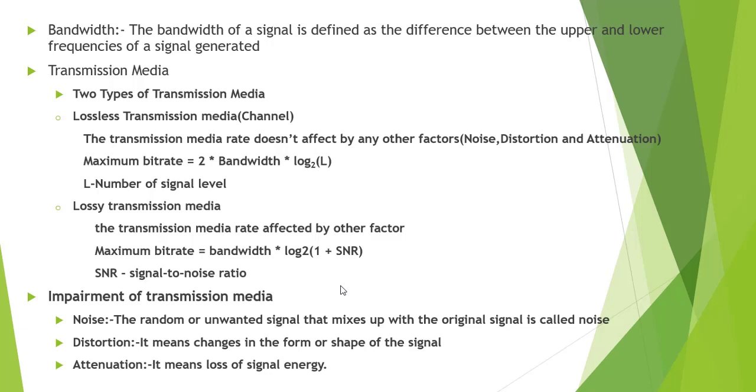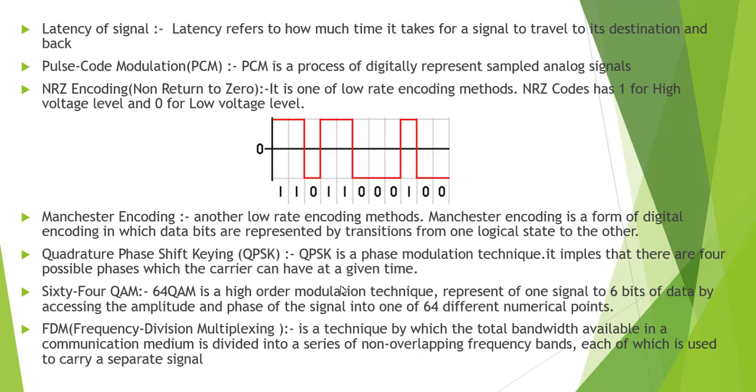The strength of the signal decreases with increasing distance, which causes loss of energy in overcoming the resistance of the medium. Another one is latency of the signal. Latency refers to how much time it takes for the signal to travel to its destination and back.